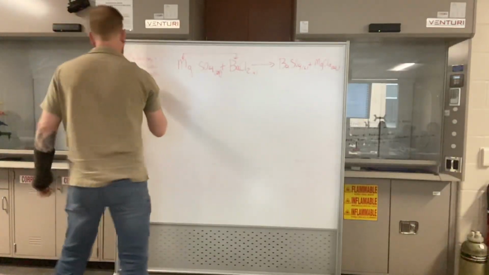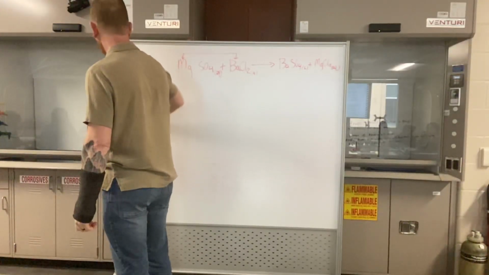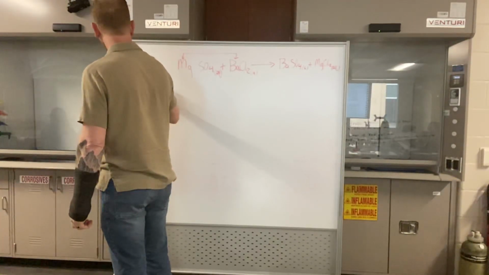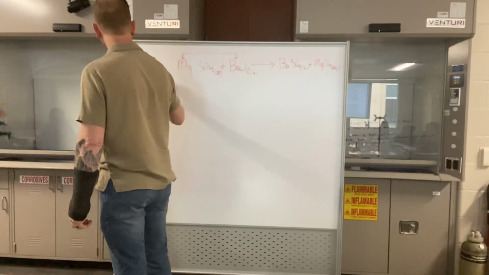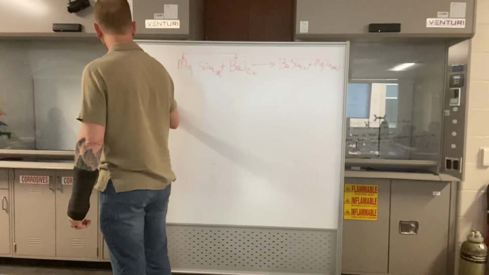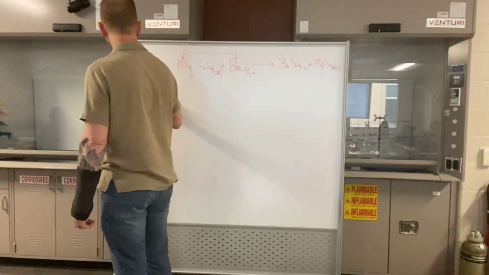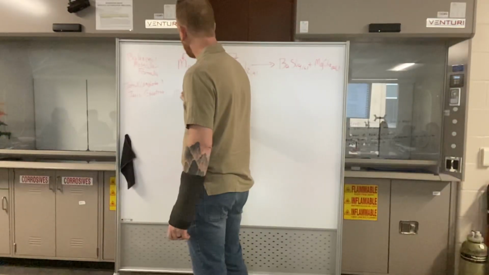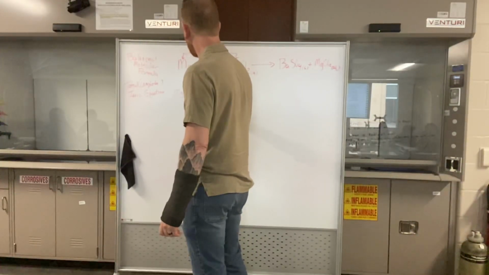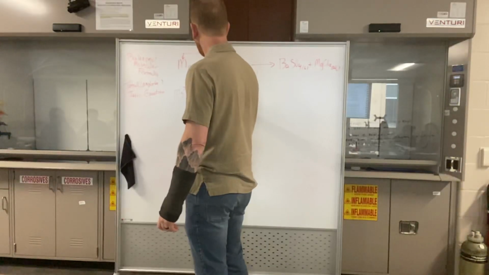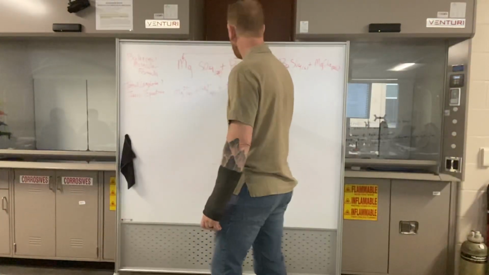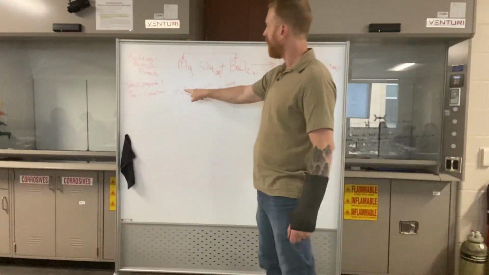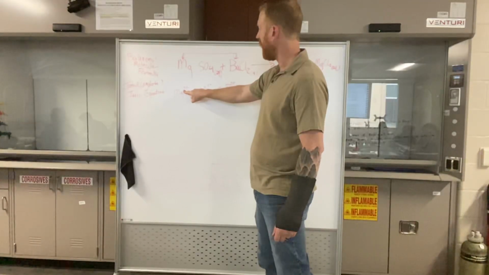Now, the next step you typically do is called a total or complete ionic equation. This is where you would break it up into magnesium 2 plus aqueous plus sulfate 2 minus aqueous plus barium 2 plus aqueous. And I'm a stickler: I've said it before, I'll say it again, the number always comes first.